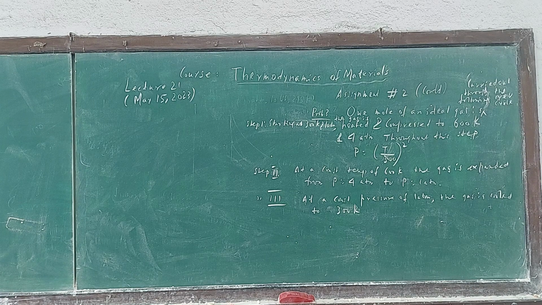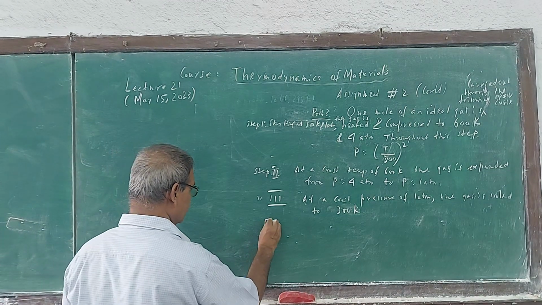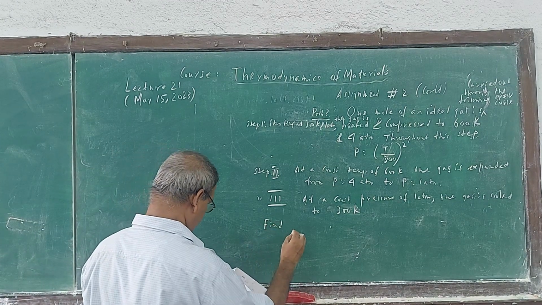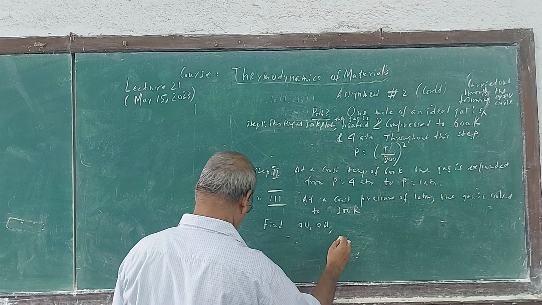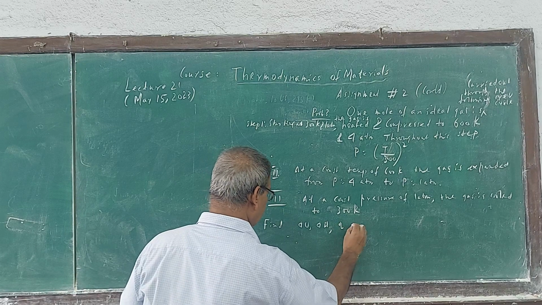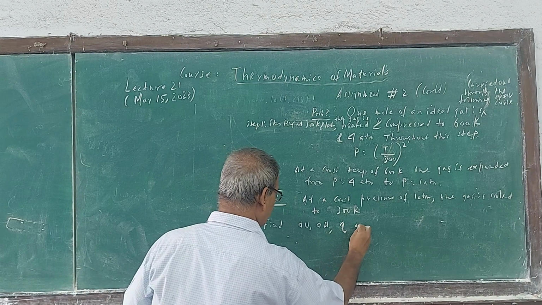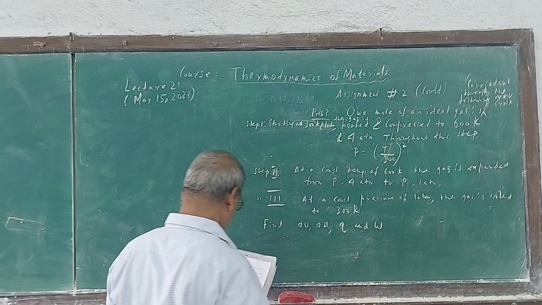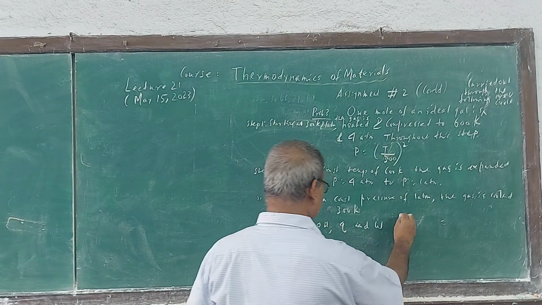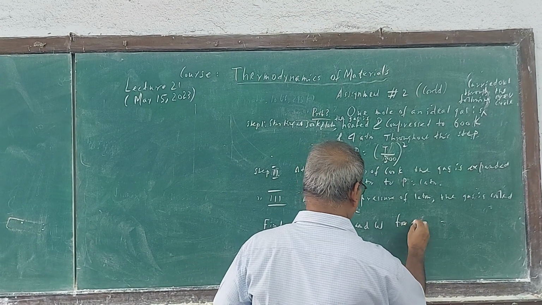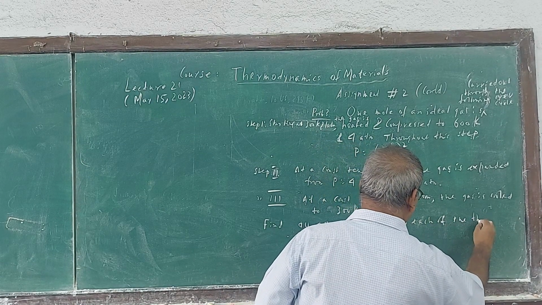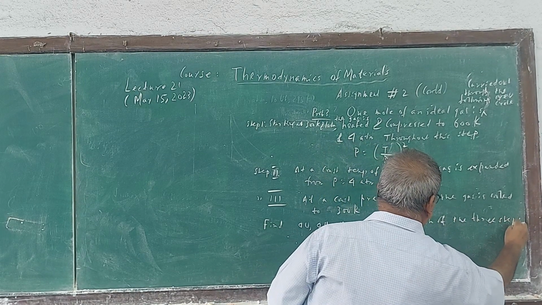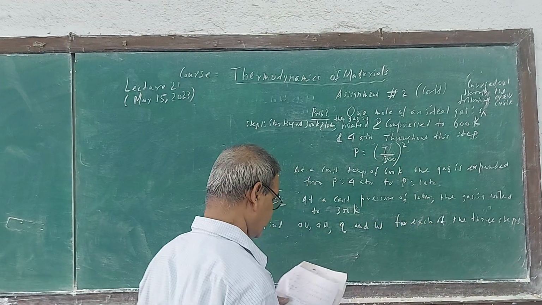Now the question is: find delta U, delta H, Q and W for each of the 3 steps, and for the cyclic process.